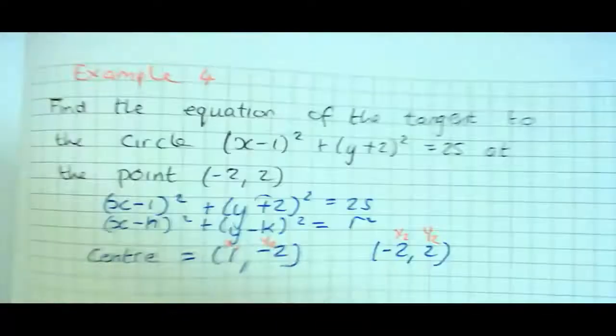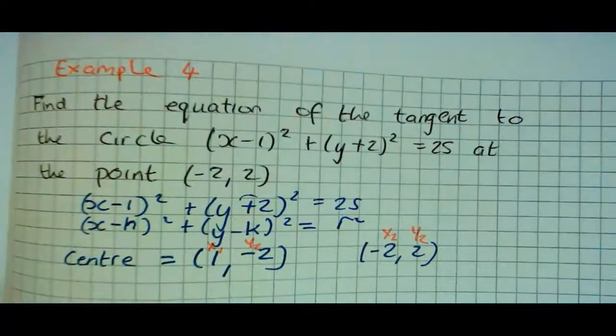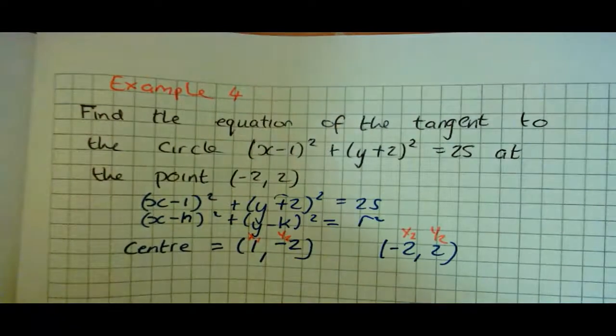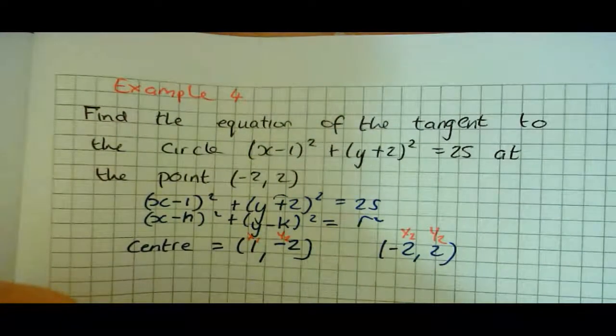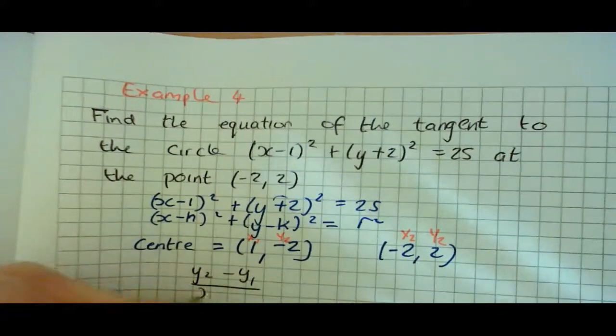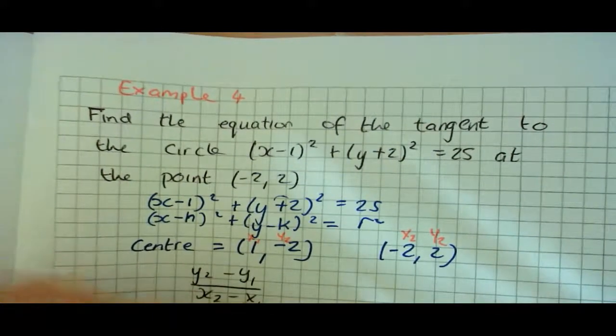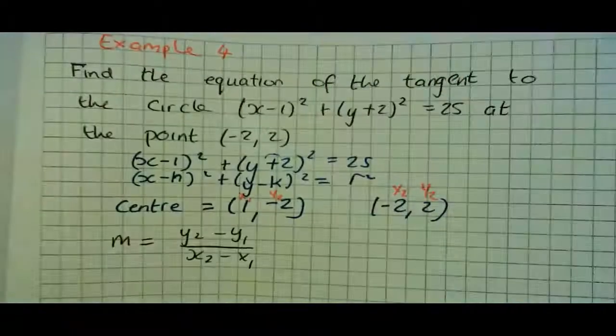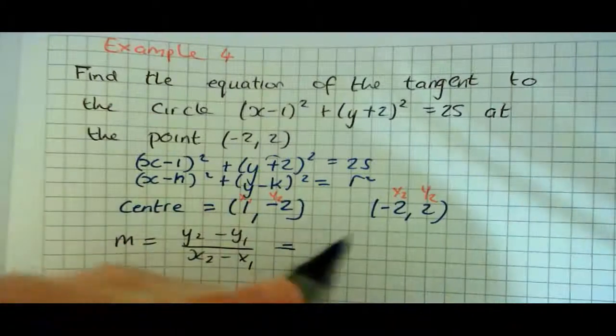So this will find a slope on the circle, because we're using 2 points off the circle to find the slope. So we know that the slope is y2 minus y1 all over x2 minus x1. So subbing that in then, it's equal to y2, what did I label y2?